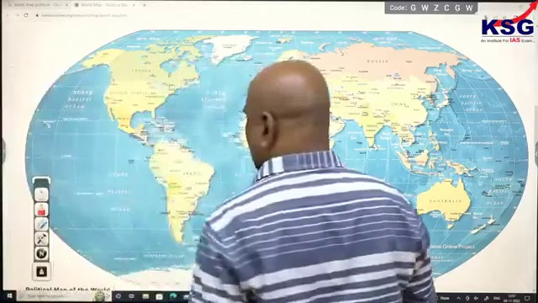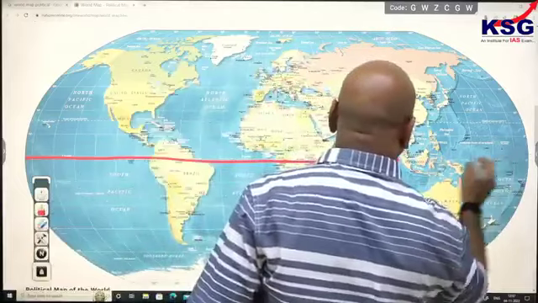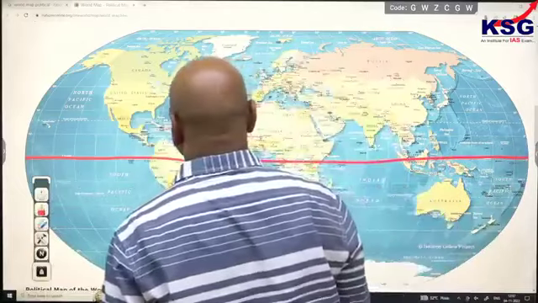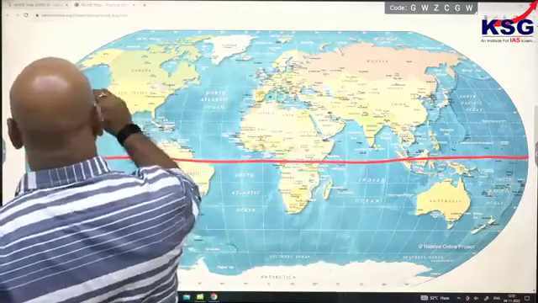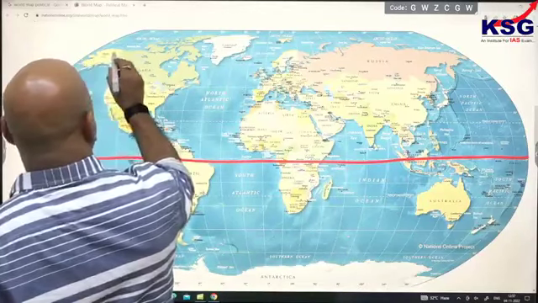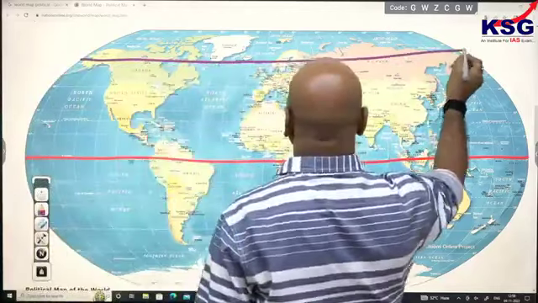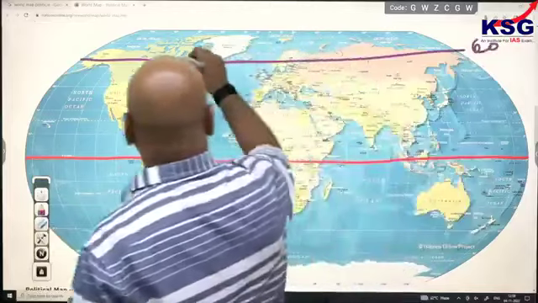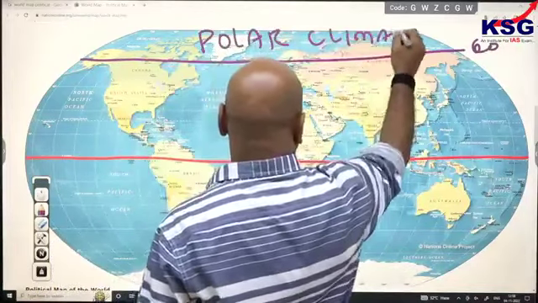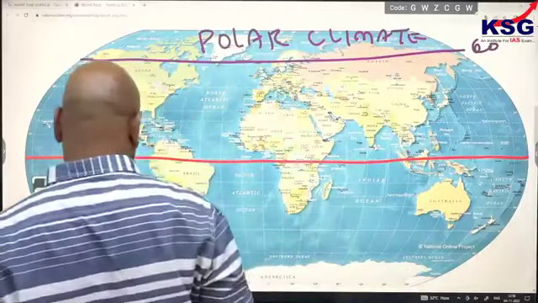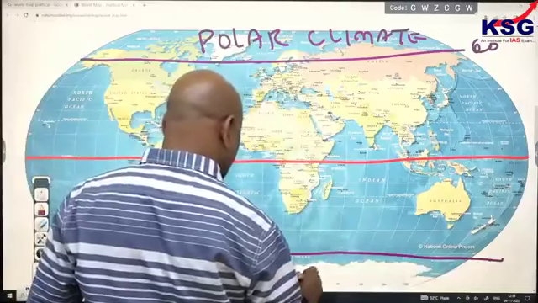You remember that here you have the equator. This region is 60 degree. ये हो गया आपका पोलर क्लाइमेट. This is polar climate, you know it. Now here it is 60 degree. So you have here polar climate.